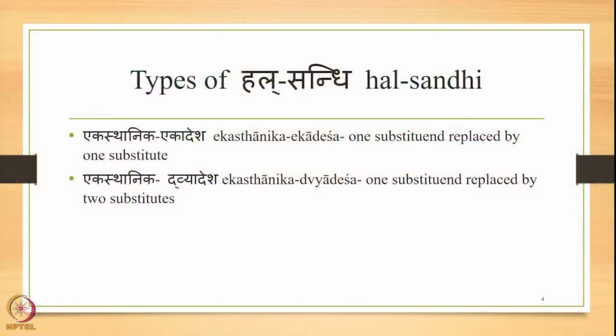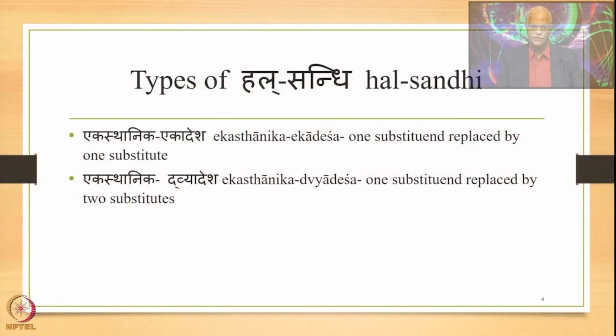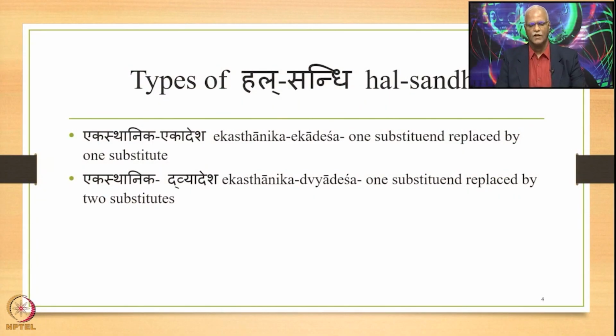We stated that broadly Hal Sandhi can be classified into two, namely Ekasthanika Ekadesha and Ekasthanika Dvyadesha. Ekasthanika Ekadesha is one substituent replaced by one substitute, and Ekasthanika Dvyadesha is one substituent replaced by two substitutes.